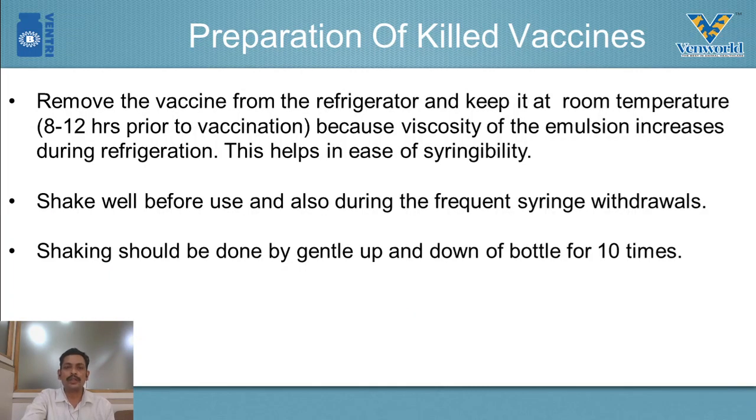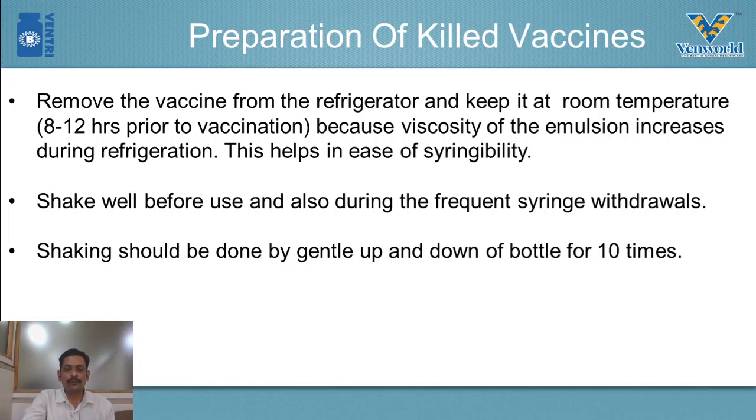Then, for killed vaccinations, for the preparation of killed vaccines, remove the vaccines from the refrigerator and keep them at room temperature 8 to 12 hours prior to vaccination, because the viscosity of the emulsion increases during refrigeration. So we keep it at normal temperature so that the viscosity is reduced and it is easy to syringe.